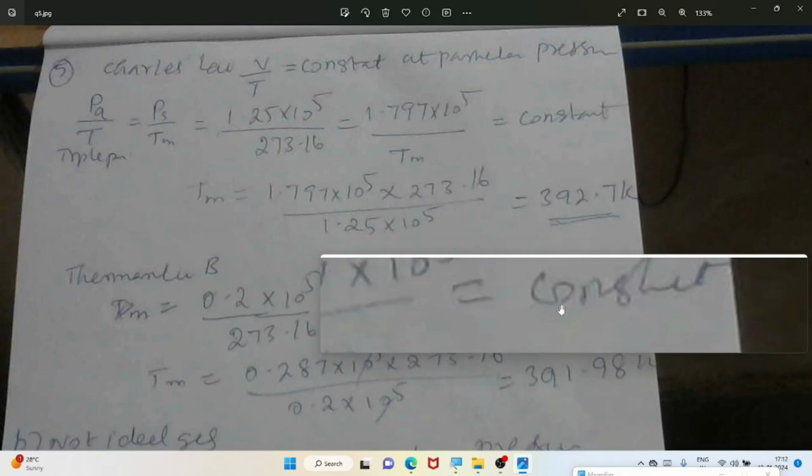As per Charles law, volume by temperature is equal to a constant at constant pressure, atmospheric pressure.